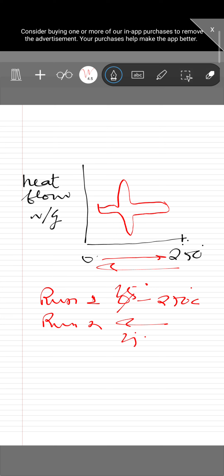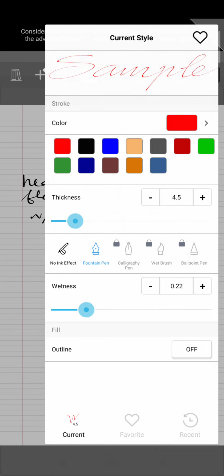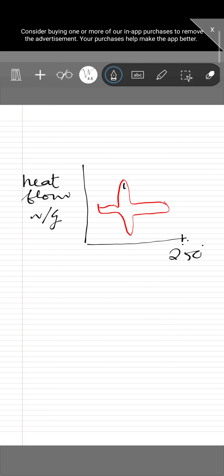Now these peaks obtained in DSC, if you take the area of the peak region, this area inside, it gives you the delta HC, or the enthalpy for crystallization.